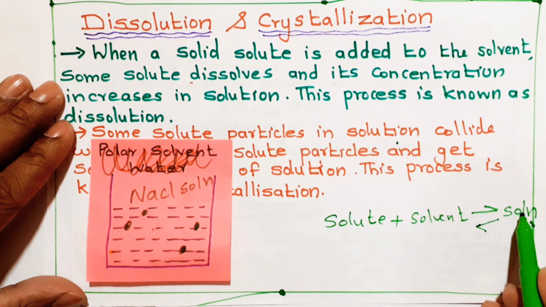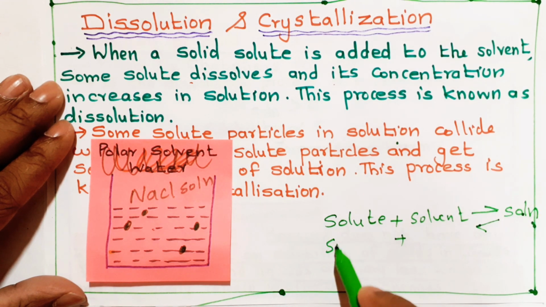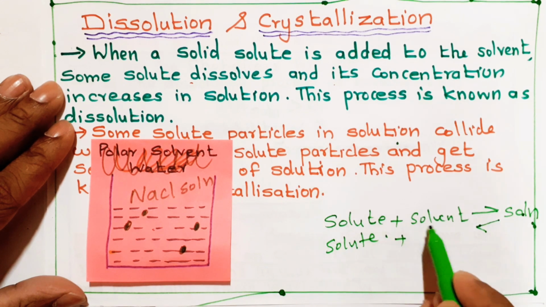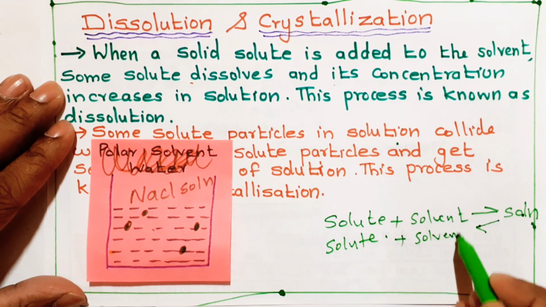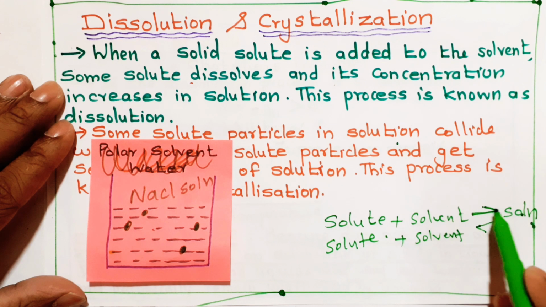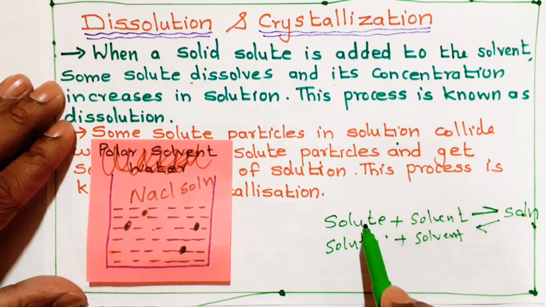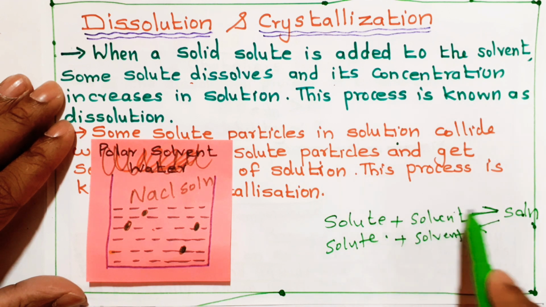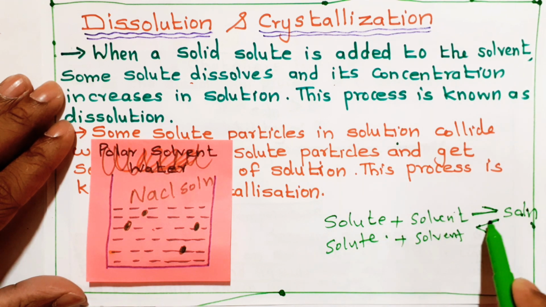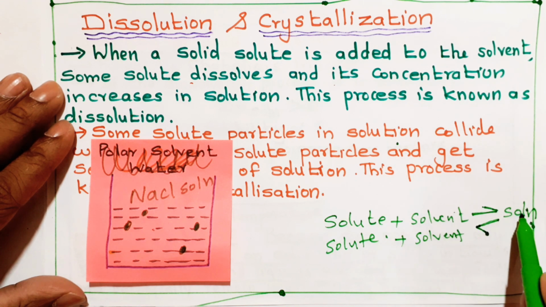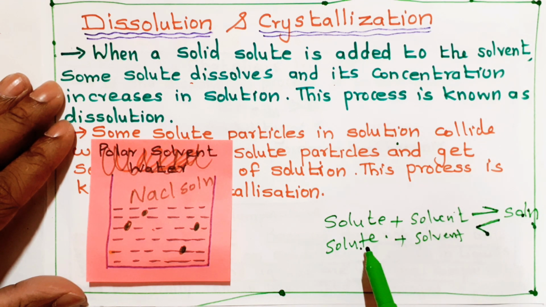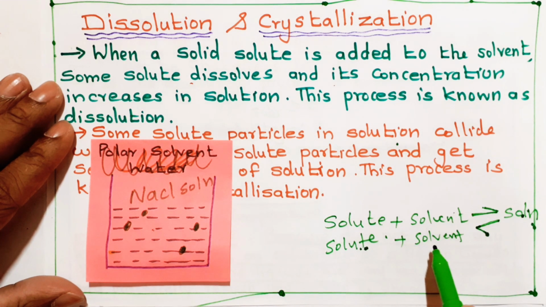From this solution, the solute gets separated from the solvent. So this arrow mark is the forward reaction. That means first reaction, solute plus solvent gives solution. And this reverse arrow mark says that from the solution, the solute and solvent got separated.